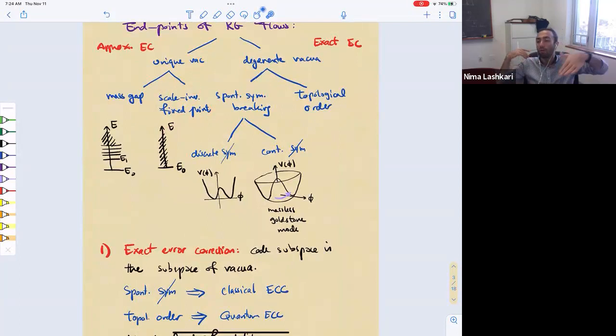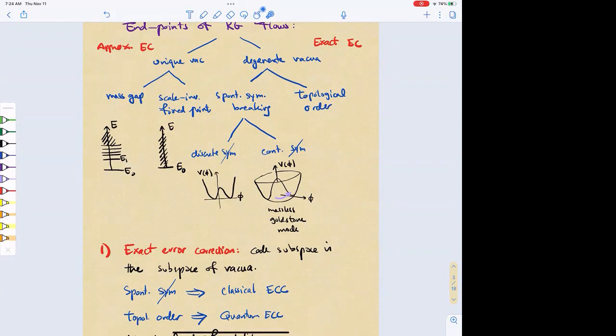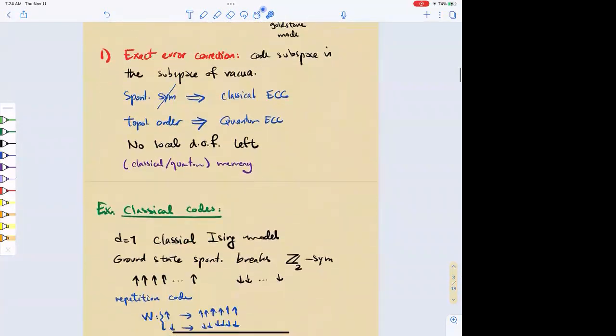I haven't gone all the way to the vacuum. The vacuum is unique, so it would be boring to talk only about the vacuum. So we talk about low energy states, and in low energy states the gap closes, so I have a continuum of states. In this picture, I'm not only talking about the vacuum, because the vacuum is just a single state, that's boring. I'm talking about the low energy subspace. Okay, yeah, thank you. Sure.